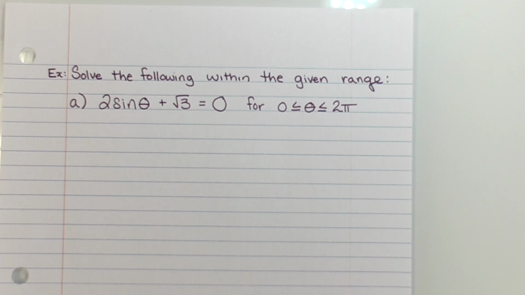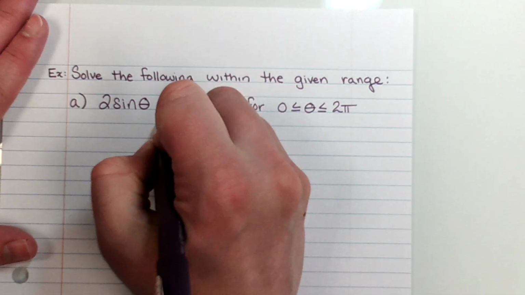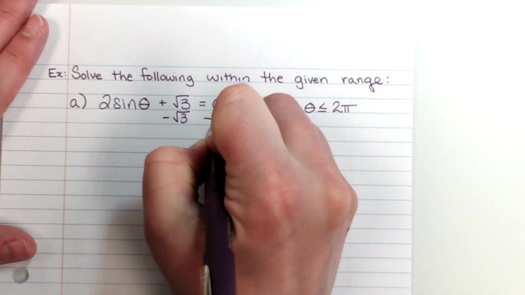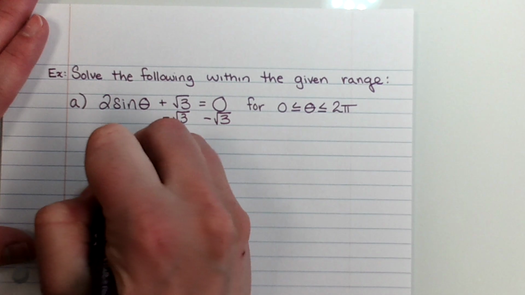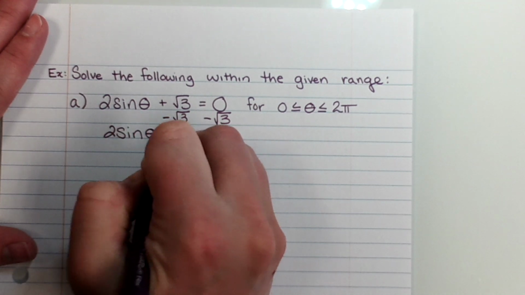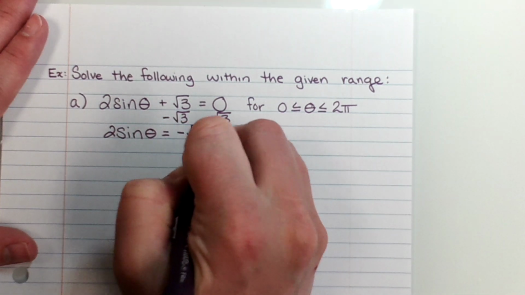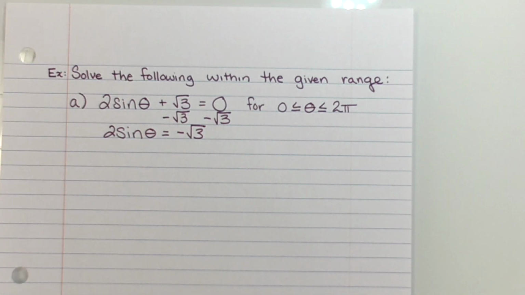You want to get the trig alone. If I want to get the trig alone, in this case sine of theta, where am I starting? Subtract the square root of 3. Just doing PEMDAS backwards. 0 minus square root of 3 is negative square root of 3. Divide by 2.